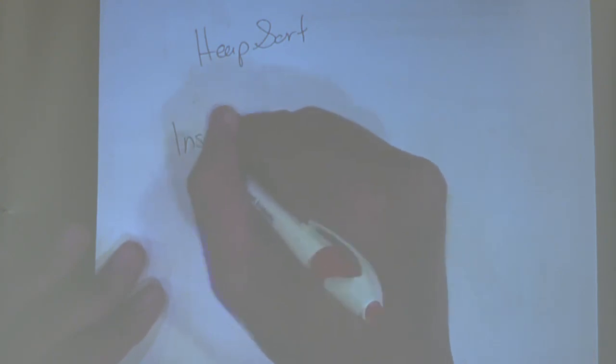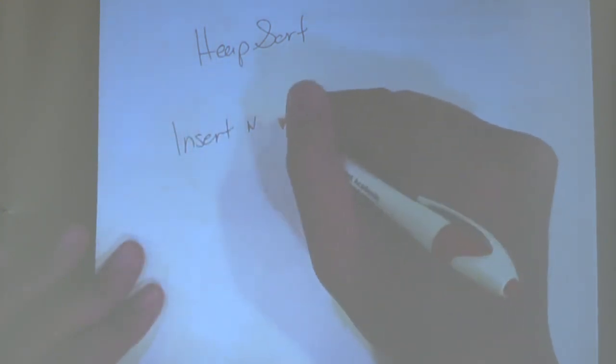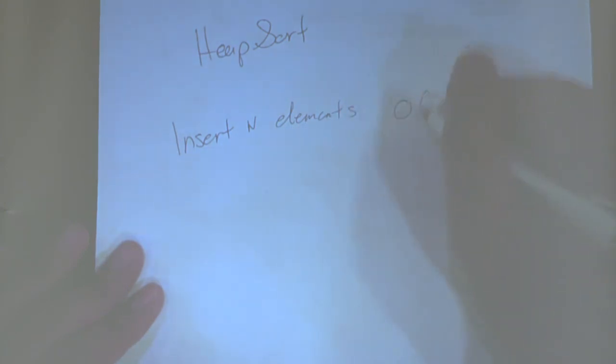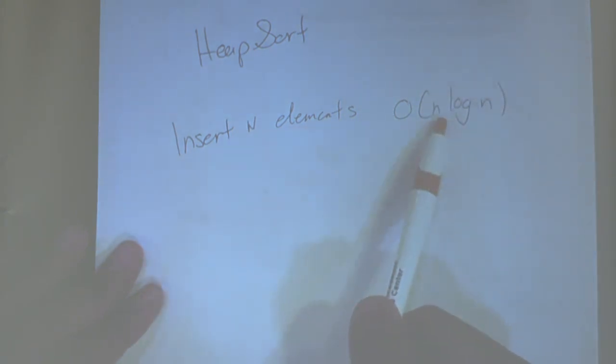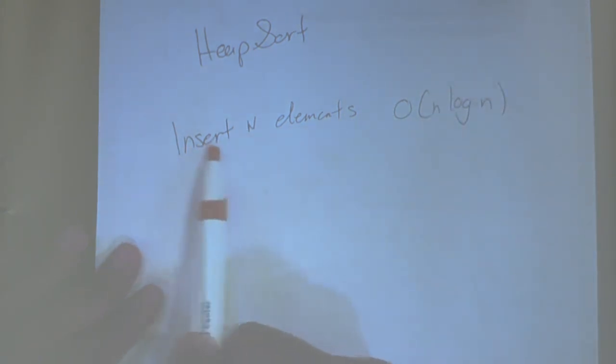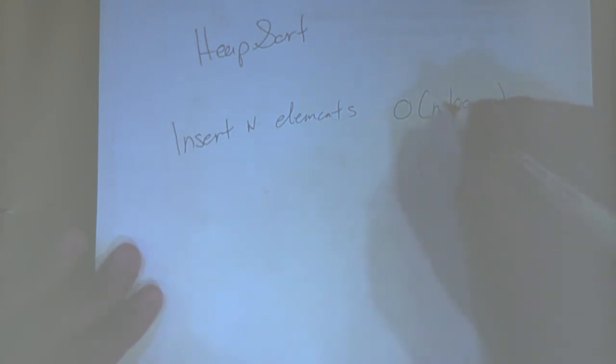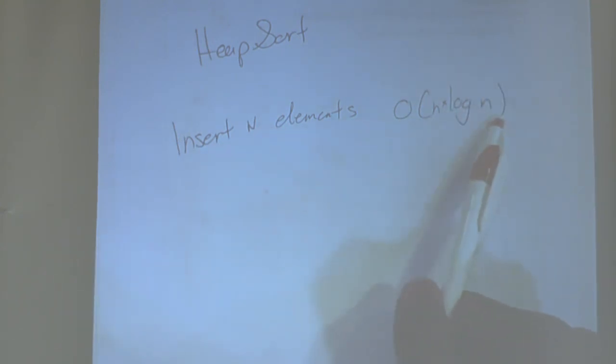So if we want to insert an element, the big O runtime for that will look something like big O n log n, right? Because we have n elements and we have to insert. Worst case we insert, it will be log of n.